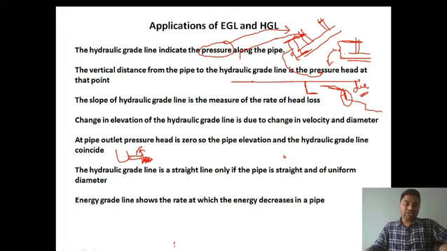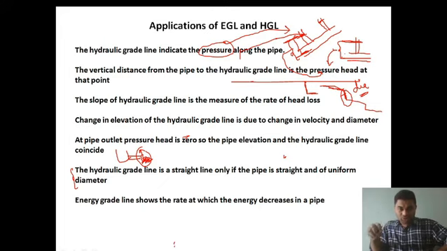Since the pressure was 0, the hydraulic grade line coincided with the center axis of the pipe. Next, the hydraulic grade line is a straight line only if the pipe is straight and of uniform diameter.